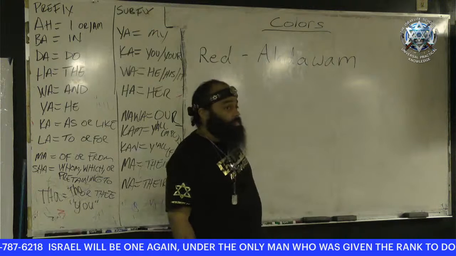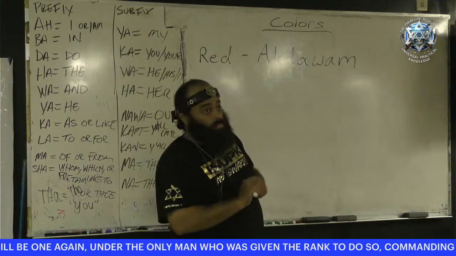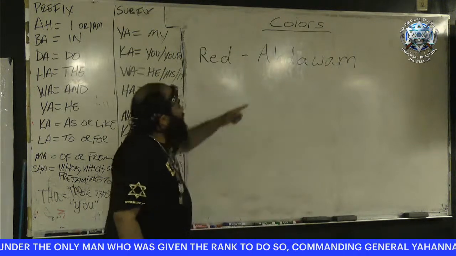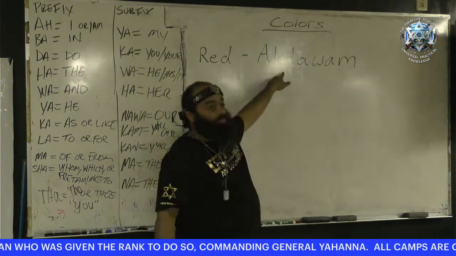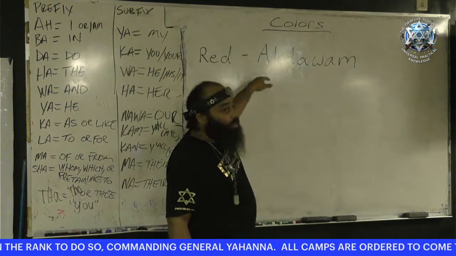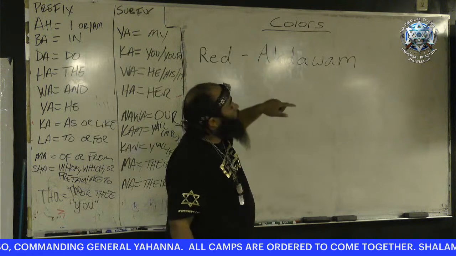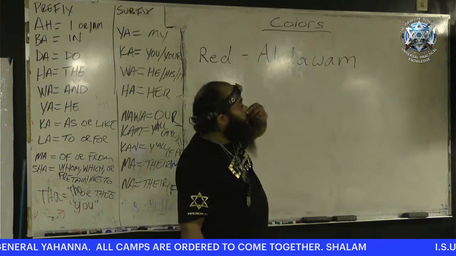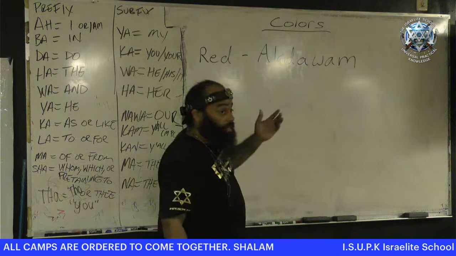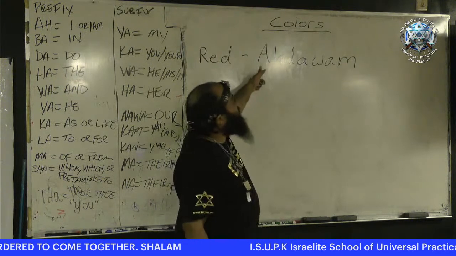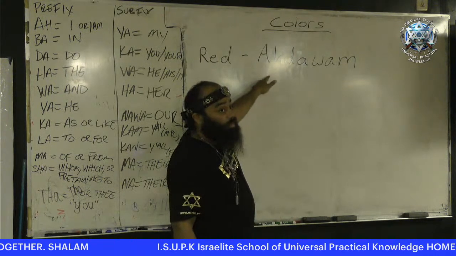Can you be more specific, sir? If this word looks familiar, Adawam in Hebrew. We know another term for Esau is Edom, and that's how you say Edom in Hebrew, Adawam.